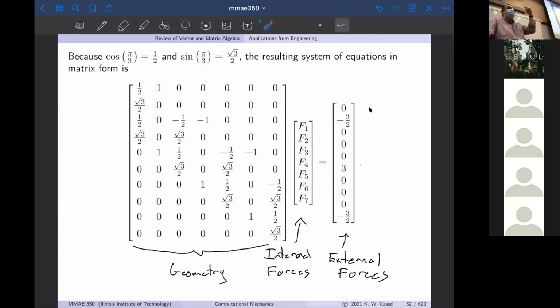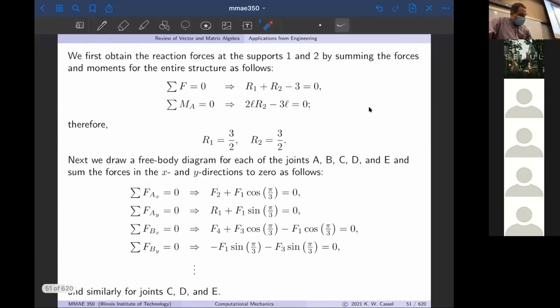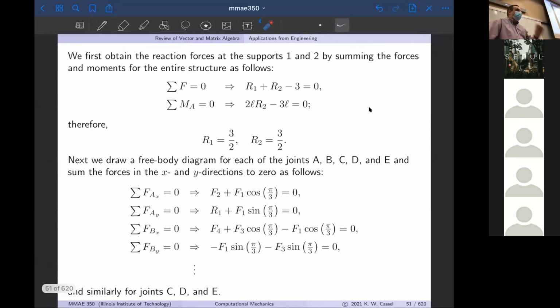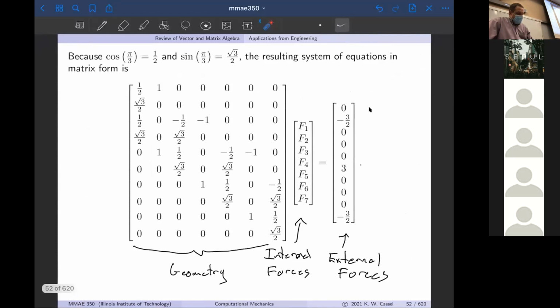So lengths, angles, and how the different pieces are associated with each other. So in this case, for example, the fact that F1, F3, and F4 all are joined at B, that gets built into the matrix A. So that's all geometry, linkages, distances, and angles.